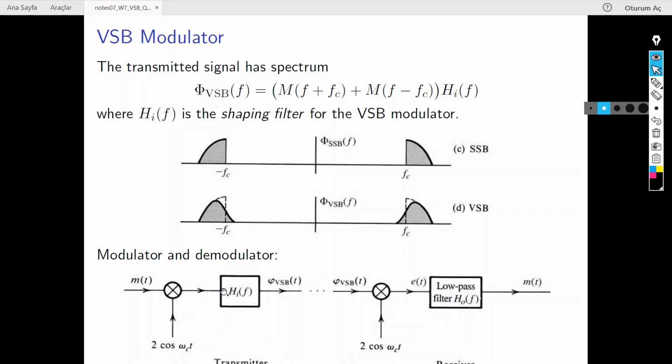What are the key advantages of this modulation scheme? Why do we use it? Why is it better than single sideband, for example? For which applications can we use it? Why can't we use single sideband modulation for video, for example? You must be able to answer all these questions, not by memorizing them, but by understanding them and basing your answer on knowledge and reasoning of why this is happening.